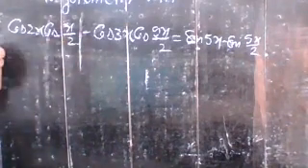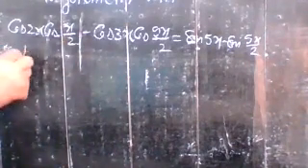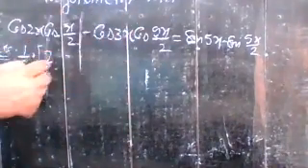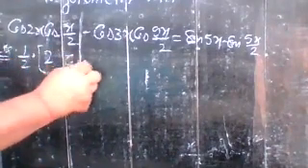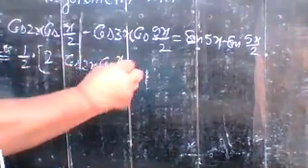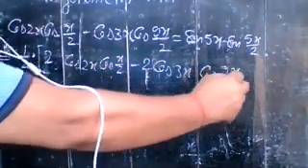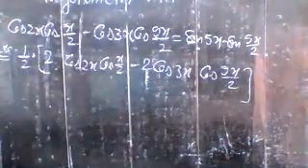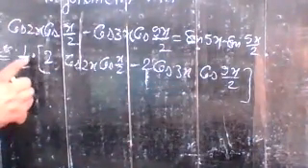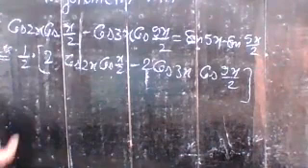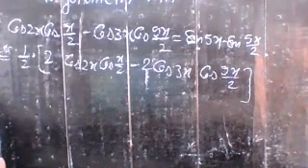Taking the left side, divide by 2 and multiply each term by 2. So write 2 cos 2x cos x by 2 minus 2 cos 3x cos 9x by 2. Dividing and multiplying by 2 to each term, then you apply the identity for 2 cos x cos y. And 2 cos x cos y is what? cos (x plus y) plus cos (x minus y).